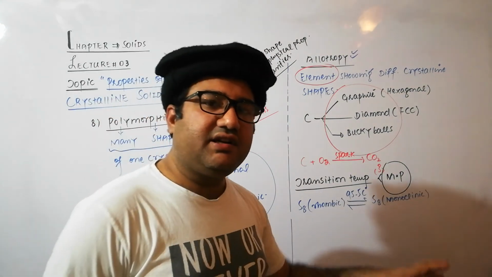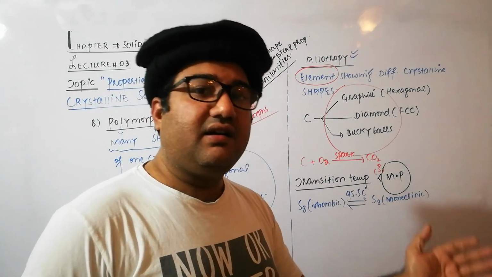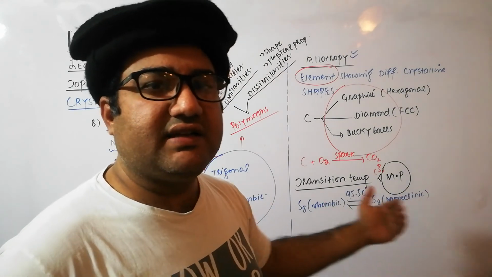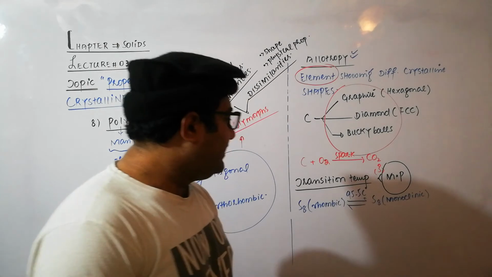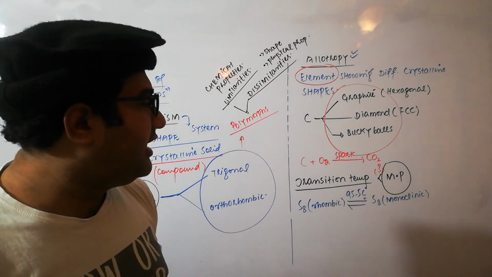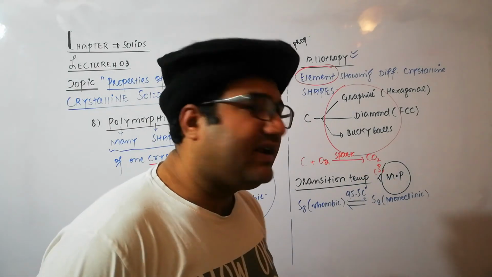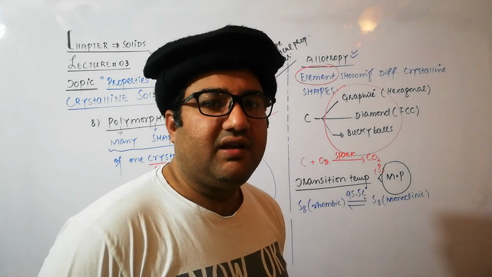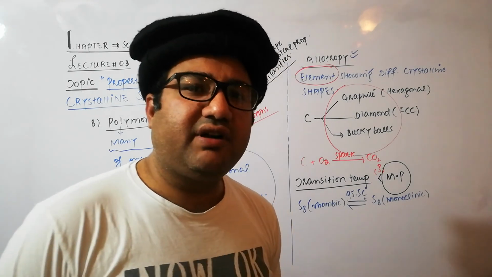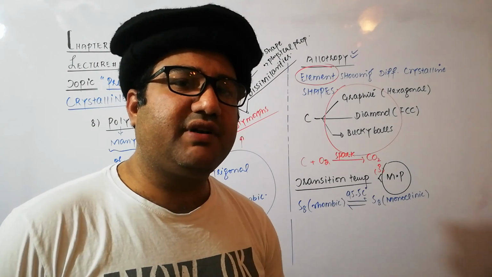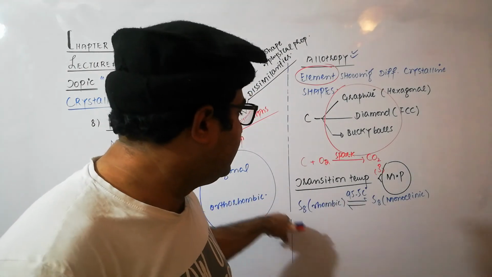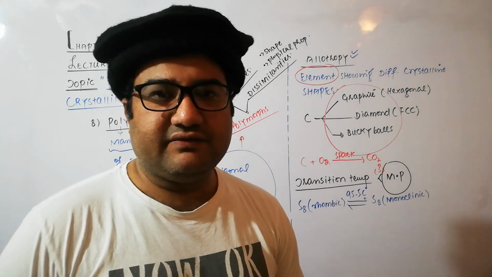It means when the temperature is decreased, the backward reaction, or you can say the reaction to the left, dominates. That's why we say that below 95.5 degrees C, sulfur exists only in the rhombic form. And room temperature is 25 degrees C, which is much lower than 95.5 degrees C. It means at room temperature, which form of sulfur is seen? That is rhombic sulfur.